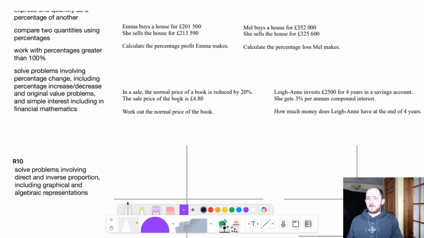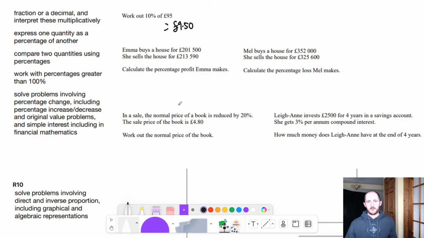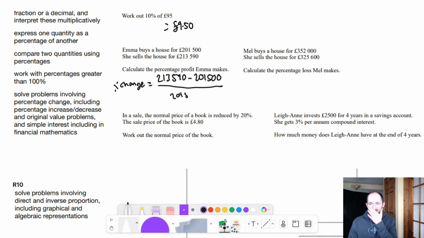Next thing we need to do is percentage change. Now there's a reason why percentage profit and percentage loss aren't really used in the spec, because they are both just percentage change. Okay, so the way you do percentage change is you take the new value, so in this case it's 213,590, you subtract the old value and you divide it by the old value, and then you multiply it by 100.